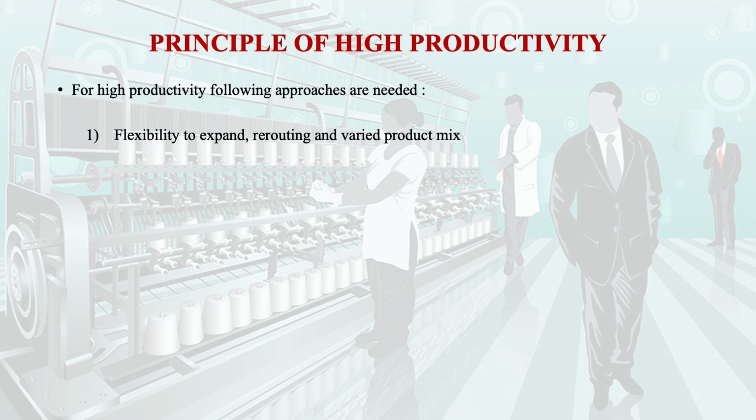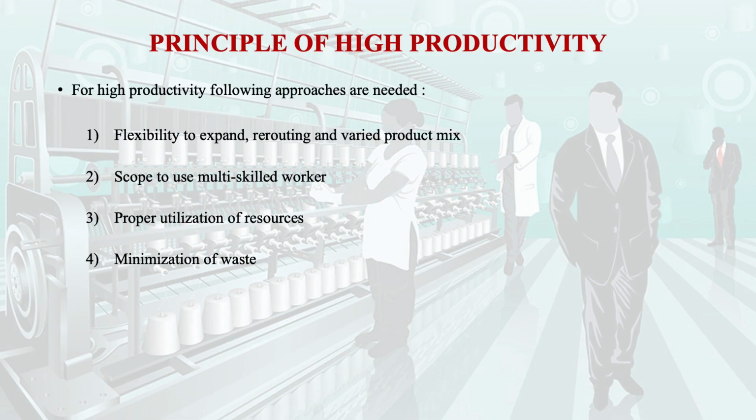Now, in case of facility layout design, if we have flexibility for expansion, if we have flexibility of rerouting and also accommodating the varied product mix, then we will go for the higher productivity side. Similarly, we should also plan so that a multi-skilled worker can be used. We can give proper utilization of resources and our effort should be the minimization of waste.